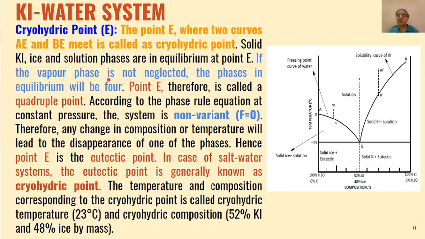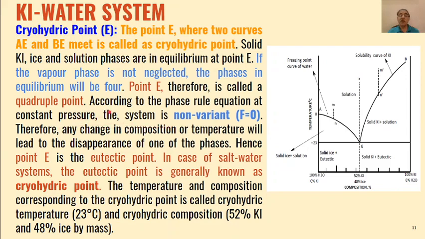If we have neglected the vapor phase, and if the vapor phase is not neglected, that means there are 4 phases in equilibrium at point E. So that is why this is also known as the quadruple point. In addition to its name as cryohydric point, this is also called the quadruple point because the fourth phase we have neglected is the vapor phase. But in actual, that phase is present.